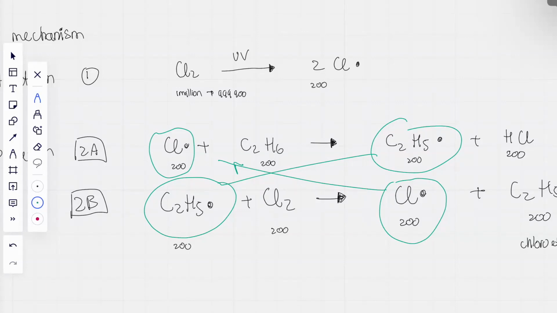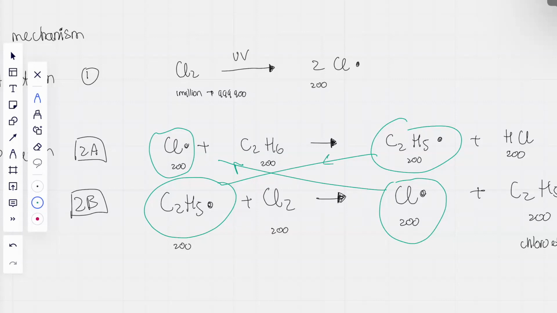It will keep going on: reaction 1, then 2A, then 2B, then back to 2A, then back to 2B. So 2A and 2B keep happening.